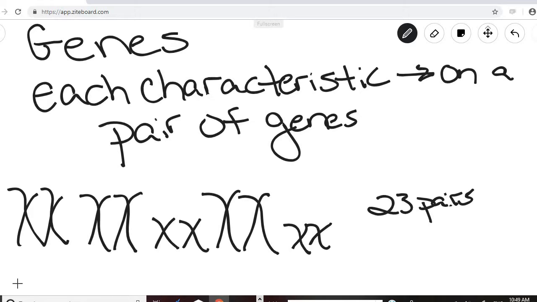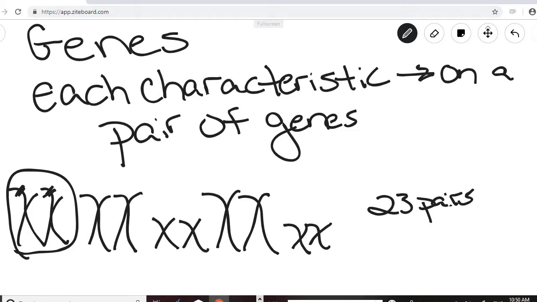So when we say that each of these characteristics is on a pair of genes, that means that each characteristic comes on a homologous pair of chromosomes, and there would be a spot on each of the chromosomes that is responsible for a certain trait, and that spot is called a gene.